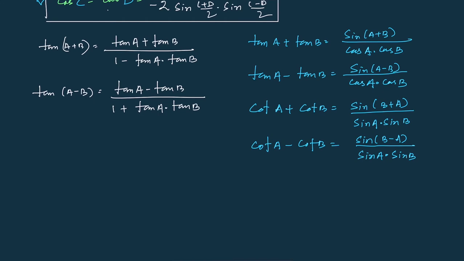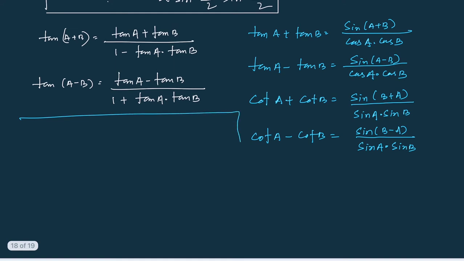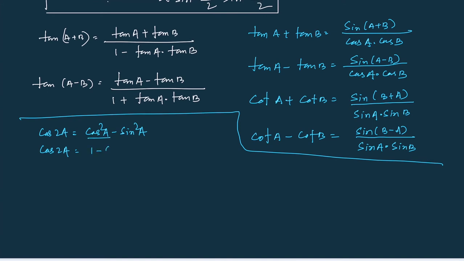Again, one more important formula. Cos 2a is equal to cos square a minus sin square a, that we have derived in the previous classes. I can write cos square a as 1 minus sin square a, and keep sin square a as it is. So cos 2a will be 1 minus 2 sin square a.